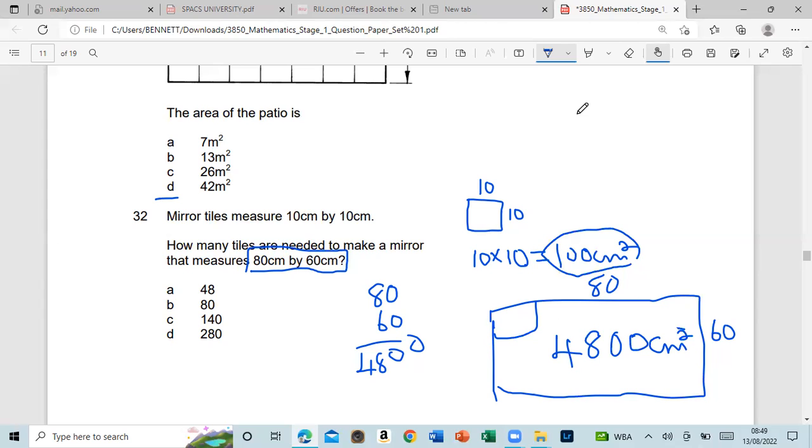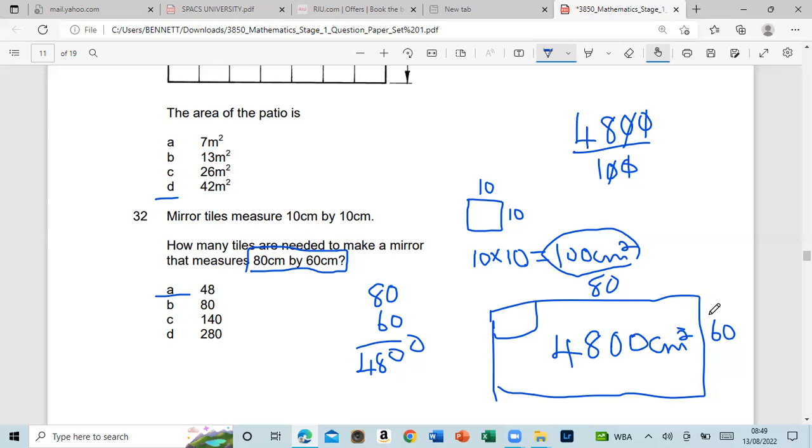So all we do is divide. Very good. I kind of guided you on that one. So it's 4,800 divided by 100, right? You cancel the zeros, so it's 48. This was a very interesting one.